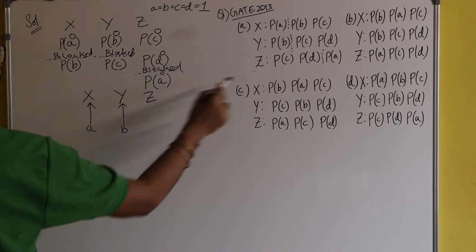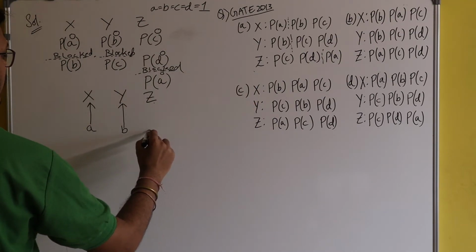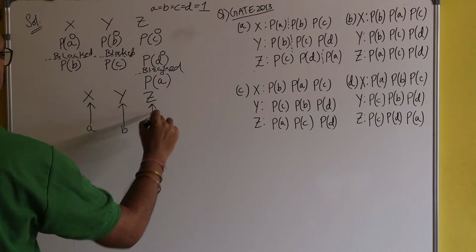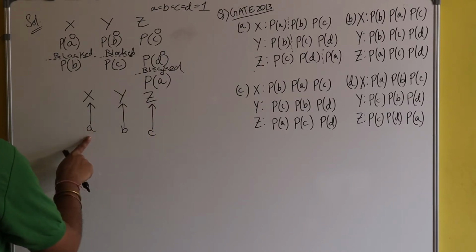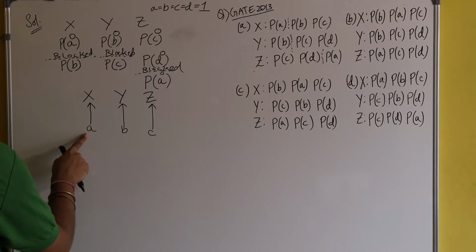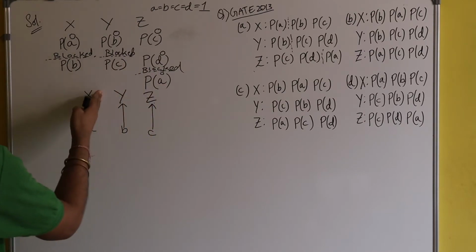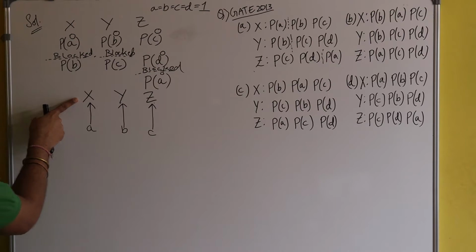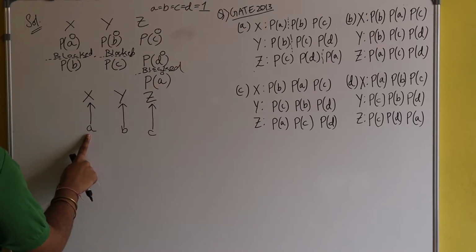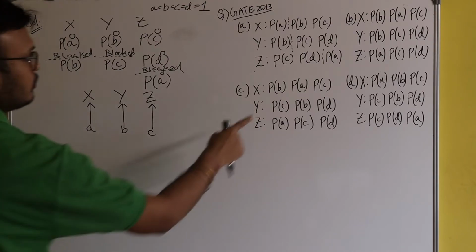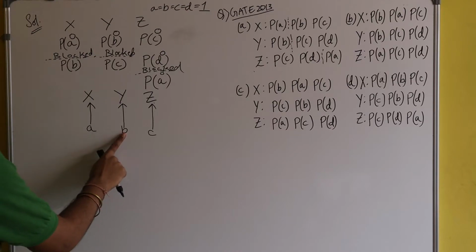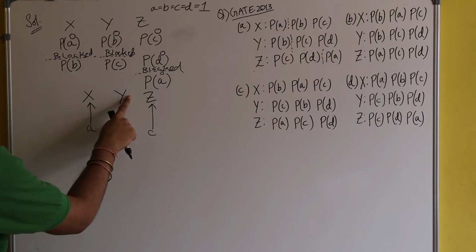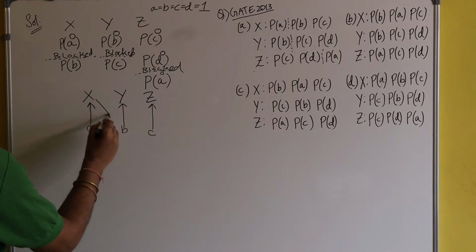And then there is a context switching, the CPU is given to Z, and Z has also successfully applied the P operation on C. Now suppose the CPU is given back to process X. Process X has successfully applied the P operation on A. Now process X wants to apply the P operation on B, but B is acquired by Y, so process X will have to wait.